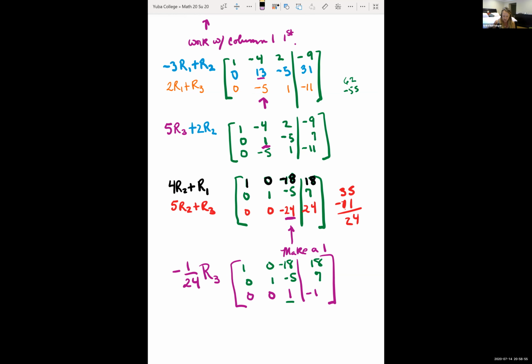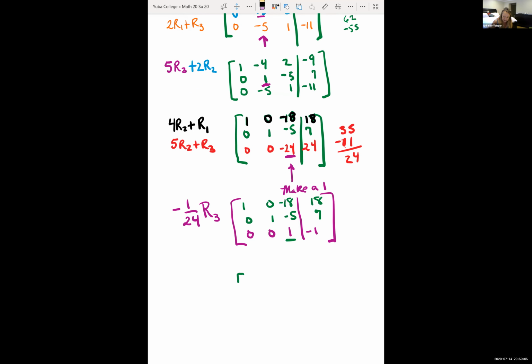So we're going to use this 1 in row 3 to get rid of all the numbers above. We're just using row 3, not changing it. Row 3 is 0, 0, 1, negative 1. I notice 18 times the third row, added to the first row, would get me a 0.